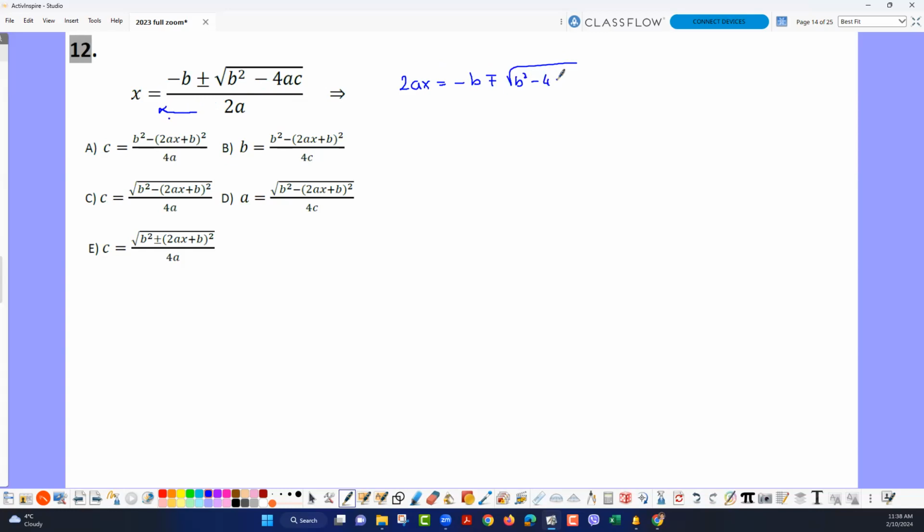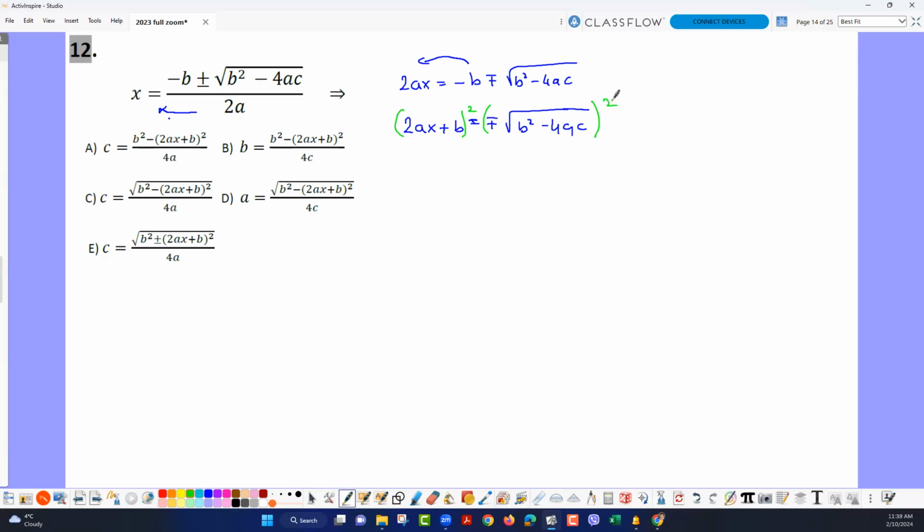Then you should continue with the b, and minus b should go to the other side. 2ax plus b is equal to plus minus square root of b squared minus 4ac. Then, since this is a square root, I'm going to take the square of both sides.